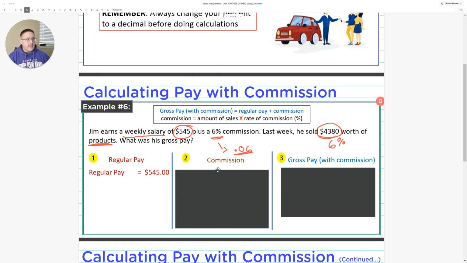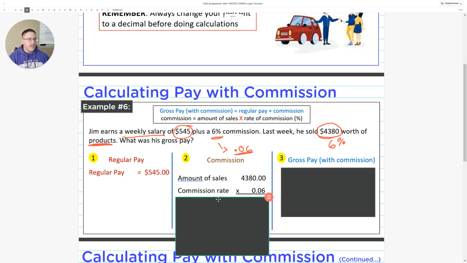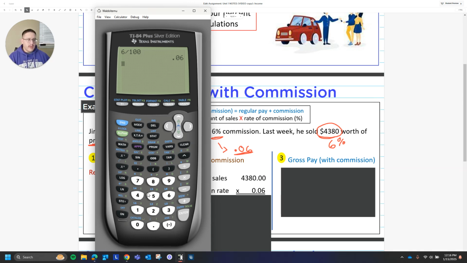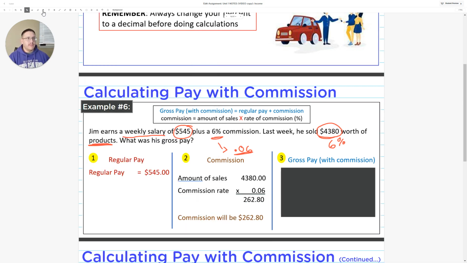Now, to find the commission, we're going to take the amount of sales, 4380, multiply by the percent of commission in decimal form, which is 0.06. So let me type this in, 4380 times 0.06. And we get $262.80 for commission.